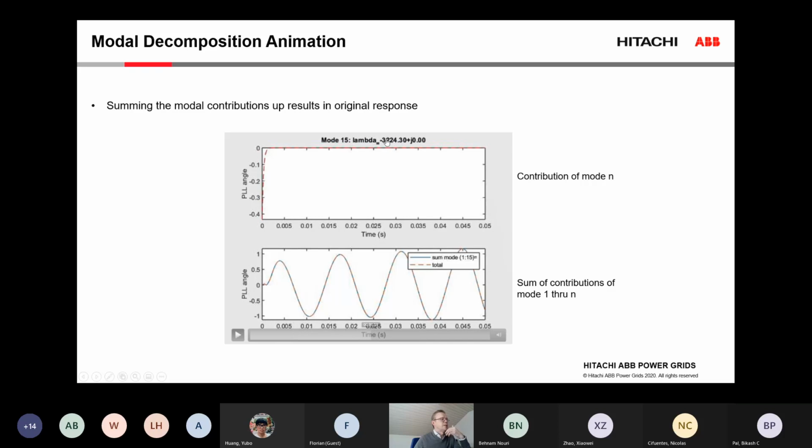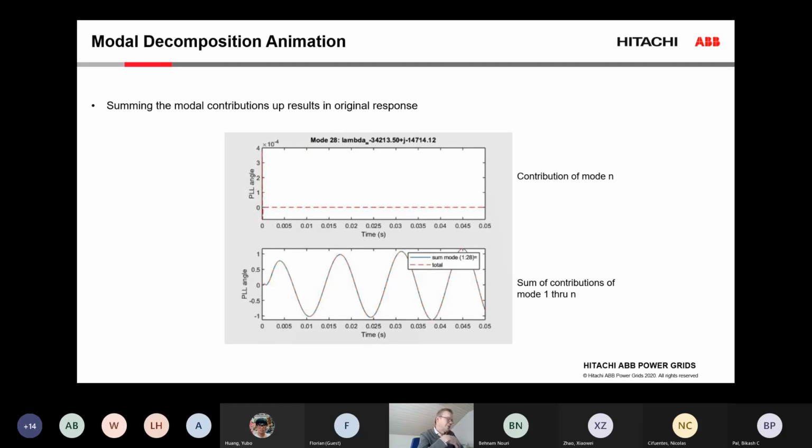So these are just some filtering modes that are barely visible in the time response. So we have already here almost perfect approximation. And if we continue and add all the modes, we end up with the exact same response that we would have gotten if we just computed the response using our original A matrix.